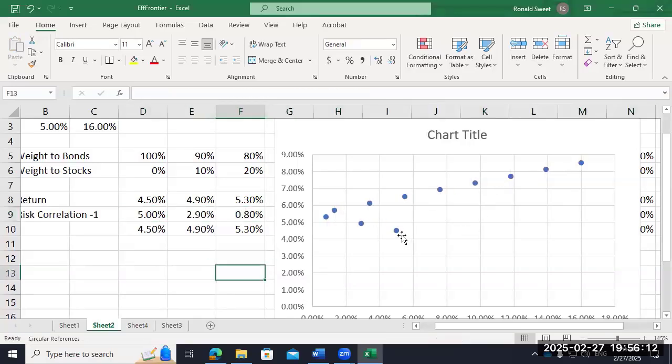When you have -1, it goes out and you actually will have a point at 0 risk. If two things are perfectly negatively correlated, there's some point where there's no risk. And so here's a trick question. See if you're paying attention in class. If your risk is 0, what's your expected return? Don't say 0. If your risk is 0, what is your expected return?